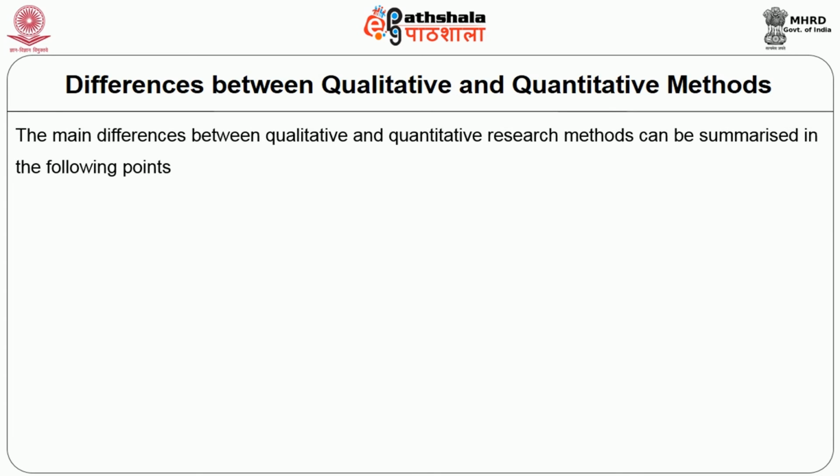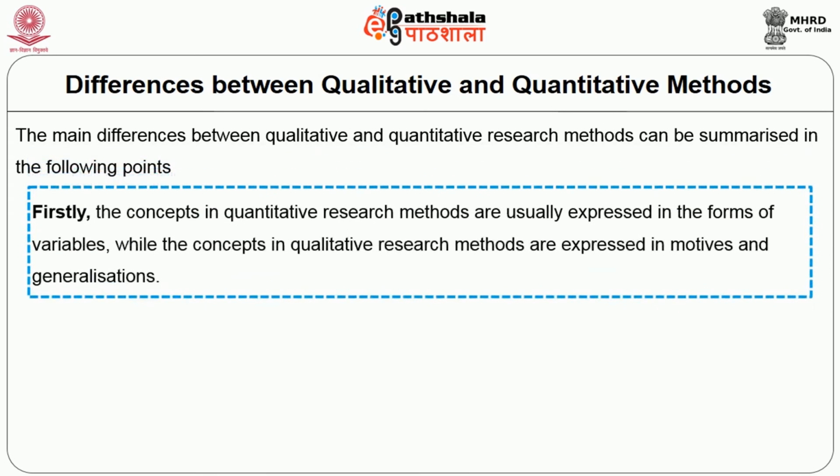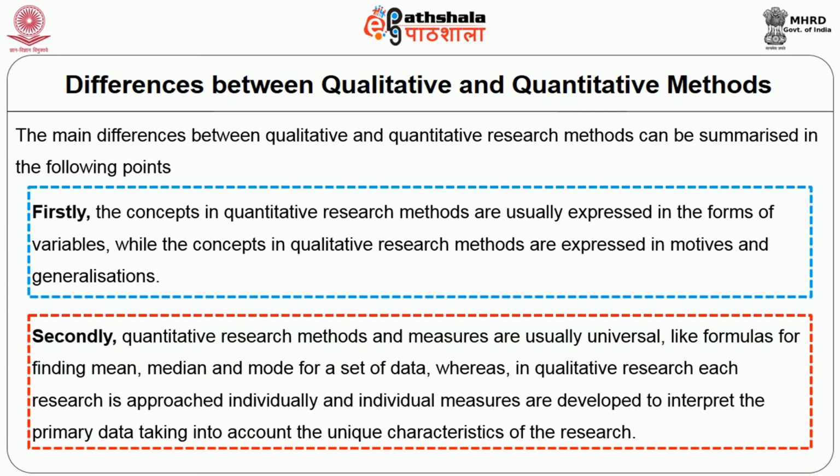The main differences between the qualitative and quantitative research methods can be summarized in the following points. First, the concepts in quantitative measurement are usually expressed in the form of variables, while the concepts in qualitative research methods are expressed in motives and generalizations.